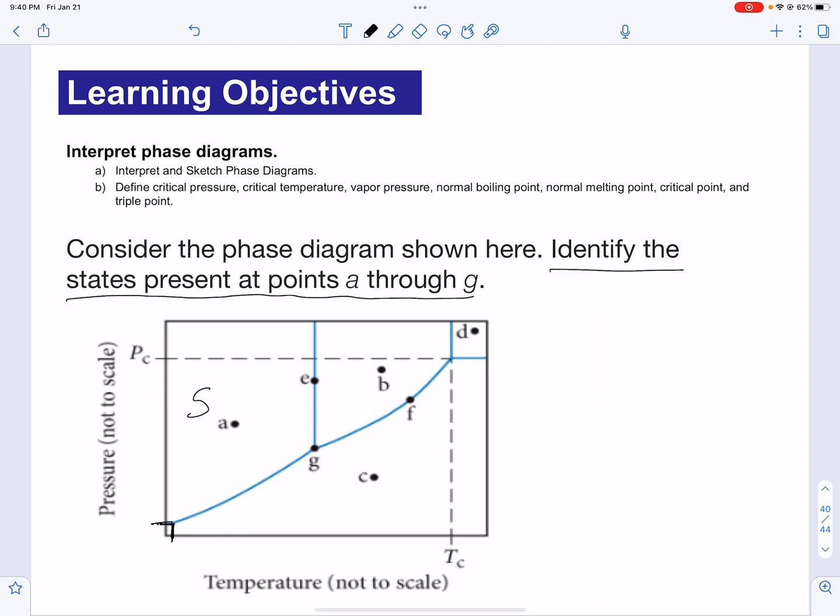So this is where my solid is going to be. As the temperature goes up, the solid is going to transition into the liquid. And as the temperature continues going up, the liquid is going to transition into a gas.